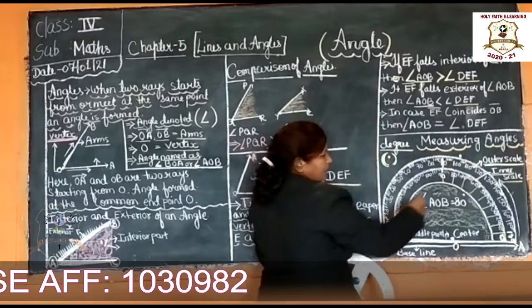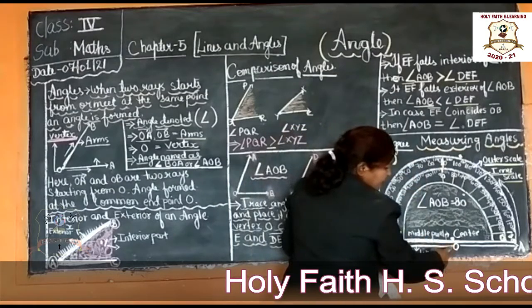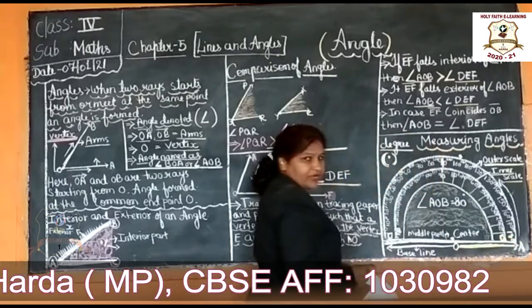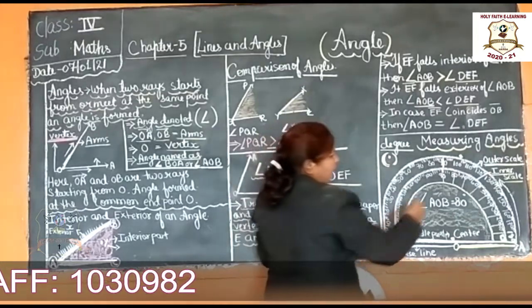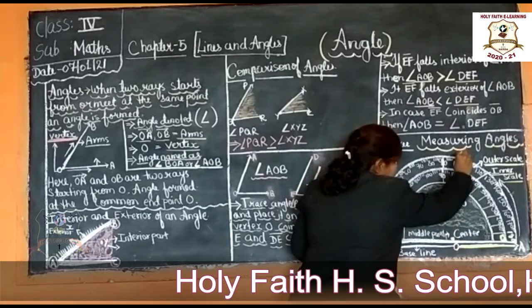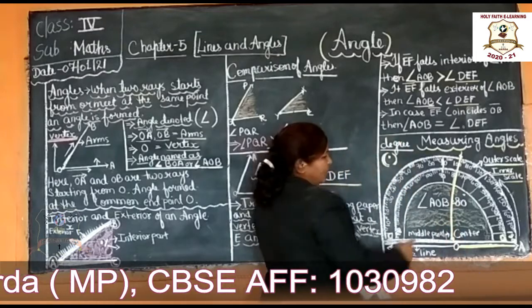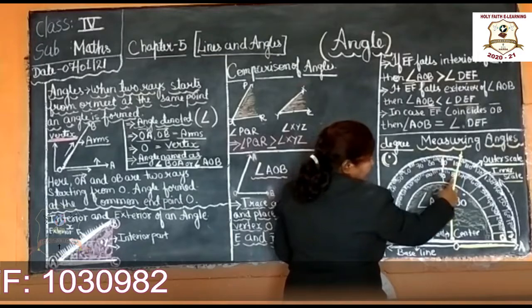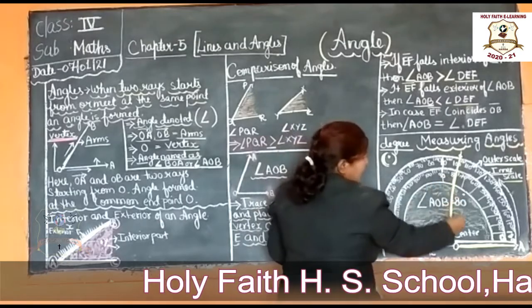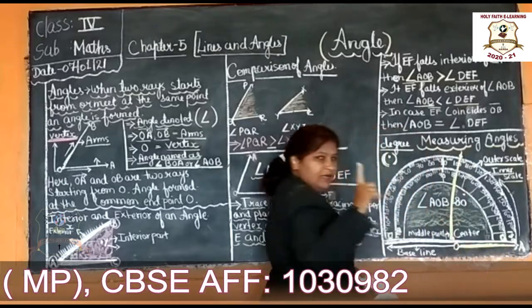We will mark a point here at 80 degrees, and draw a line from O. We draw one line at 80 degrees, using the inner scale. So we drew a line at 80 degrees and also along OA.